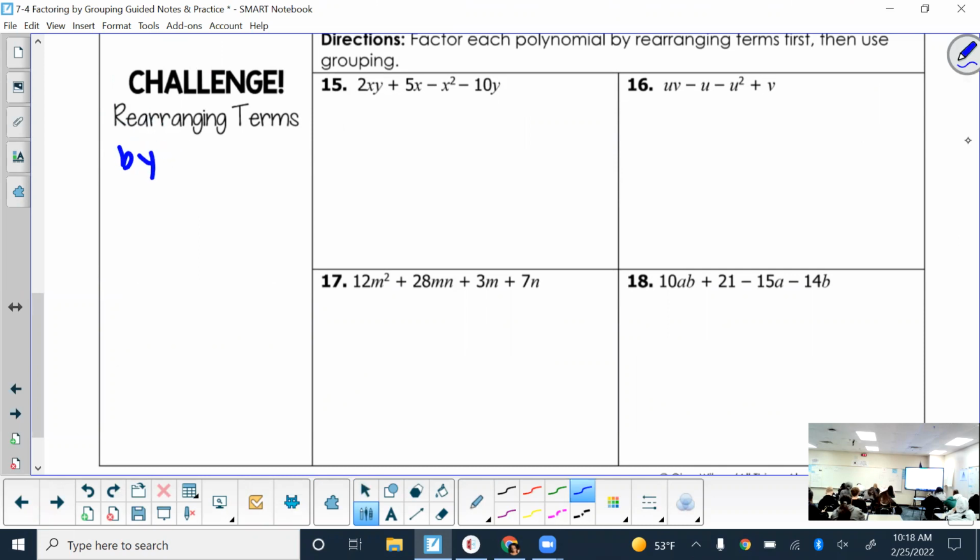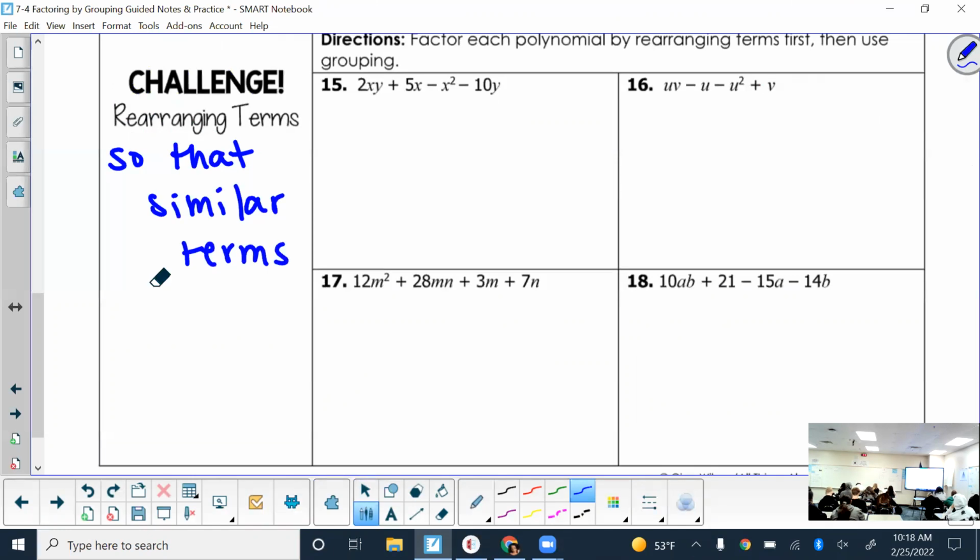Rearrange terms so that similar terms are next to each other.